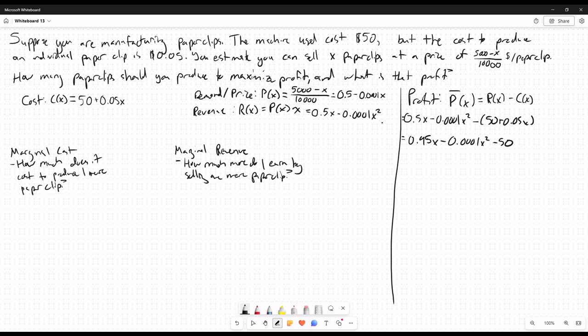So the marginal revenue is actually going to be going down over time because as we produce more paperclips, or as we hope to sell more paperclips, we're going to have to reduce the price to do so. So what we might ask is, when is the marginal cost less than the marginal revenue?